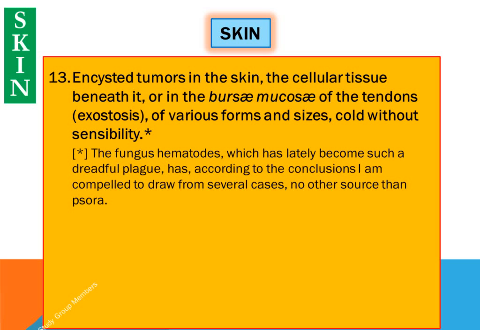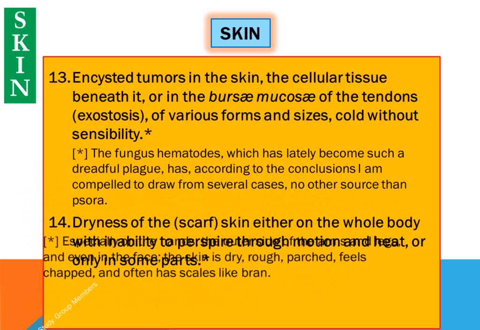The fungus haematodes, which has lately become such a dreadful plague. Now this fungus haematodes has been subsequently pathologically described as a skin cancer also. So according to conclusions, I am compelled to draw from several cases no other source than psora.